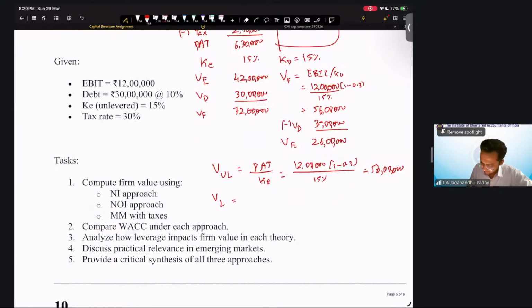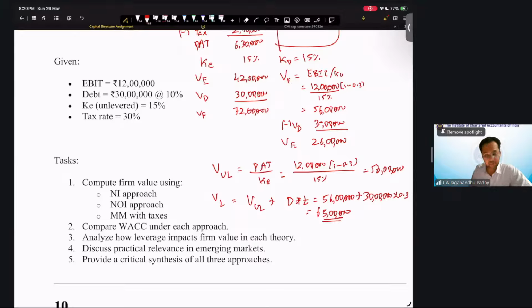So value of levered will be value of unlevered plus amount of debt into tax rate. So value of unlevered is 56 lakhs plus amount of debt, which is 30 lakhs, into tax rate, which is 30%. 56 lakh plus 30 lakh into 0.3, which is 9 lakh, plus 56 lakhs, 65 lakhs.